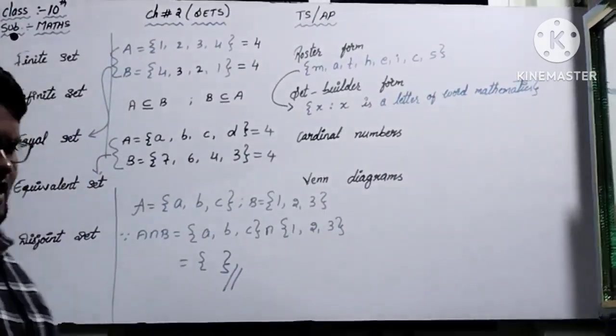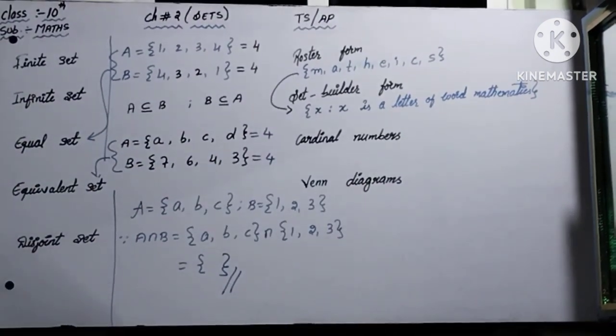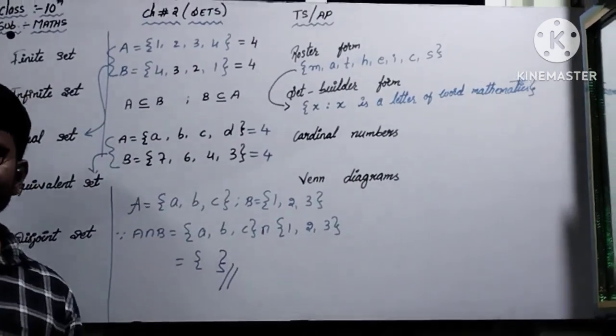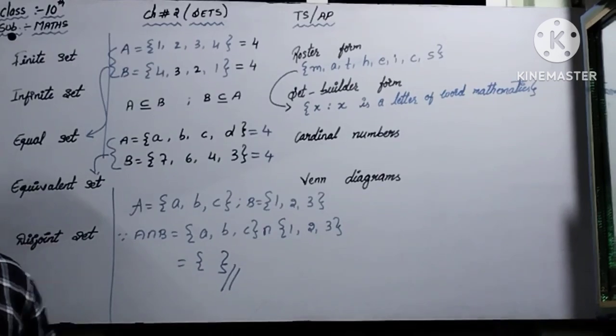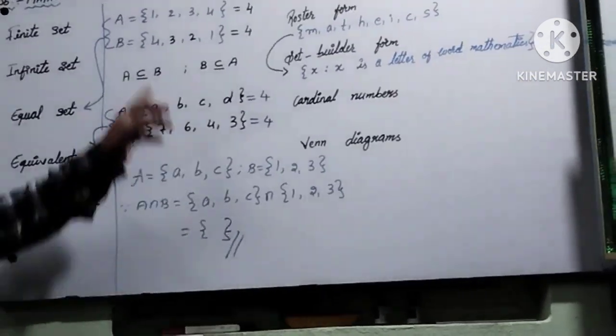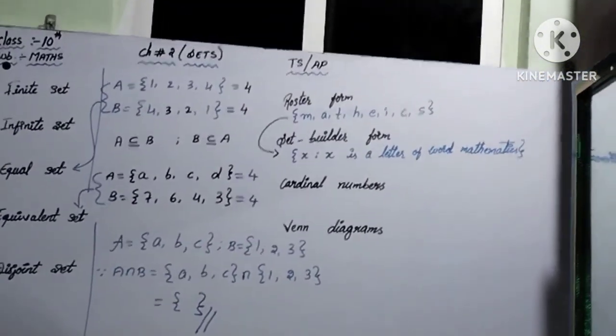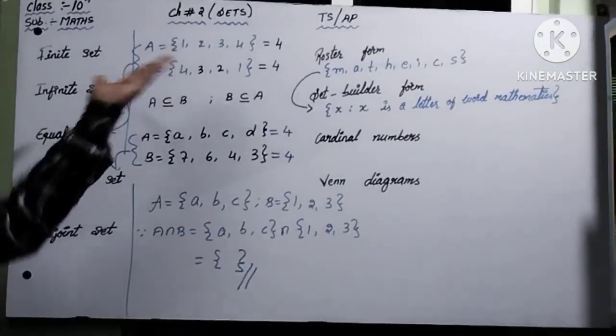The next one, cardinal numbers. These just mean how many elements are there in that set A. Count the elements and write the answer. That is the cardinal number. Like example, A is 1, 2, 3, 4. How many elements does set A contain? 4. The cardinal number of A is equal to 4.